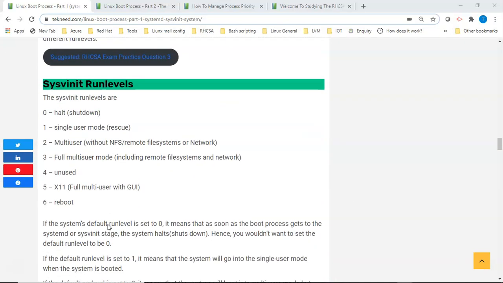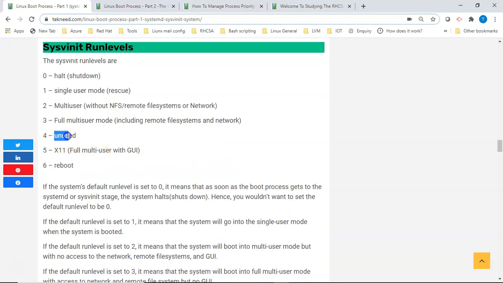So let's look at the SysV init run levels. We have 0, which is halt, which means shutdown. We have 1, which is the single-user mode, which is the rescue mode. We have 2, which is the multi-user mode. We have 3, which is the full multi-user mode.